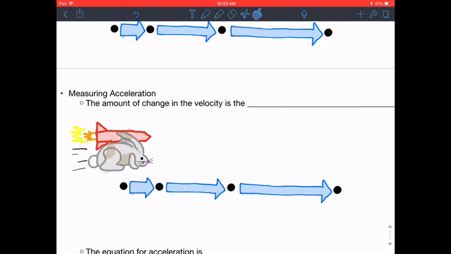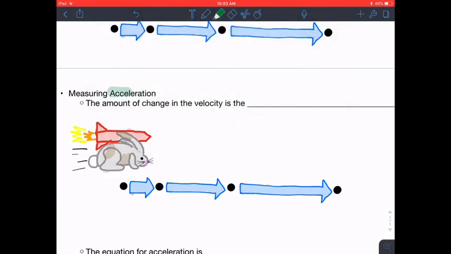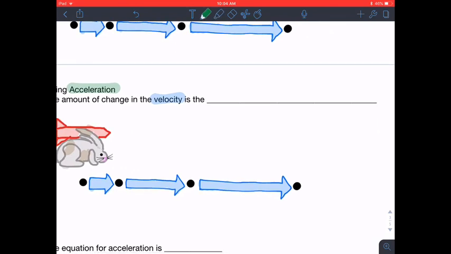How do we measure the acceleration? Well, this is a little bit more confusing than measuring velocity, because what we're actually measuring is the amount of change in the velocity to find the amount of acceleration.